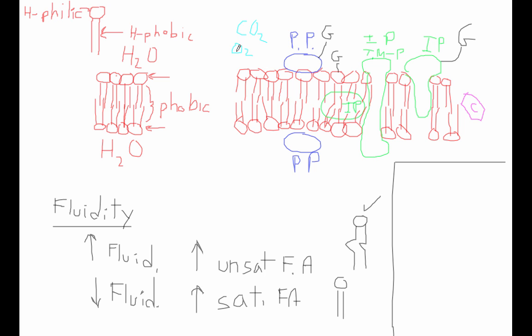Both of these will readily dissolve into the membrane and pass through and exit the other side. Again, these are nonpolar molecules, and they have no problems passing through a membrane all by themselves.